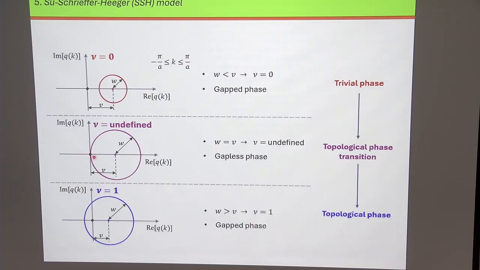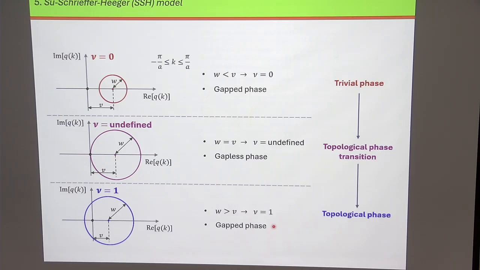You continue increasing W, so the radius becomes larger, and you change your winding number from 0 to 1. So at W equal V, you have a topological phase transition from this trivial state at nu equals 0 to this one with nu equal 1, okay?